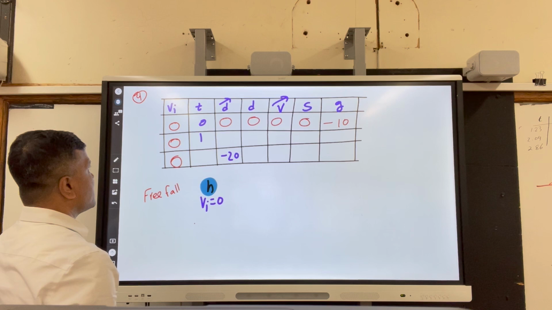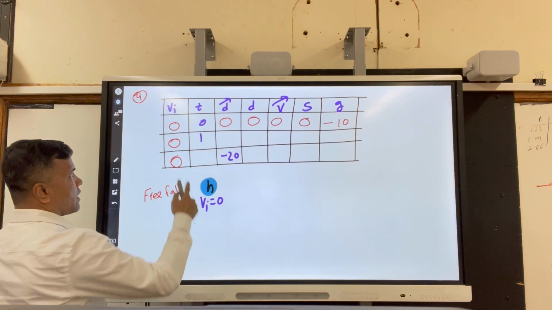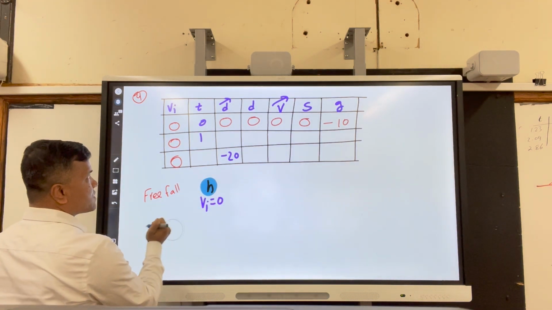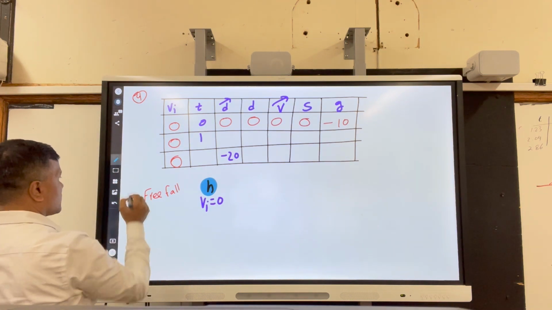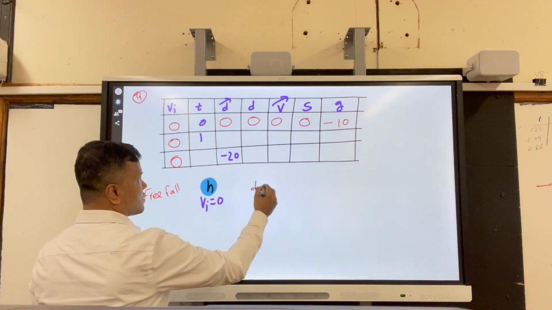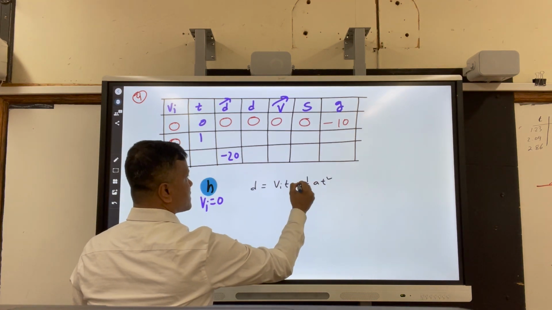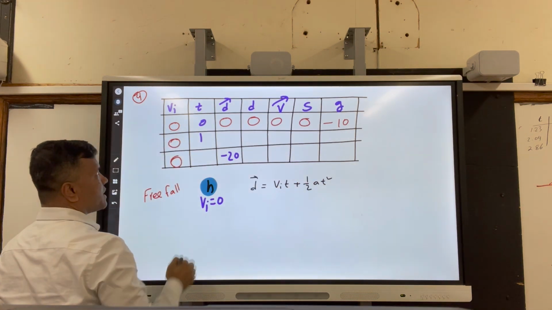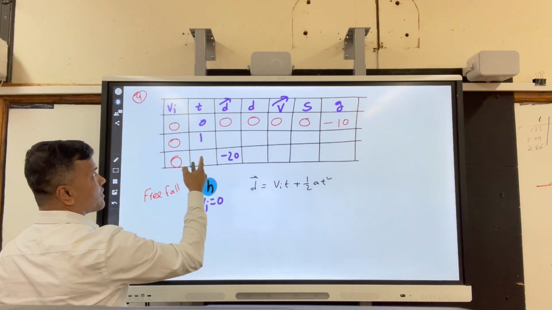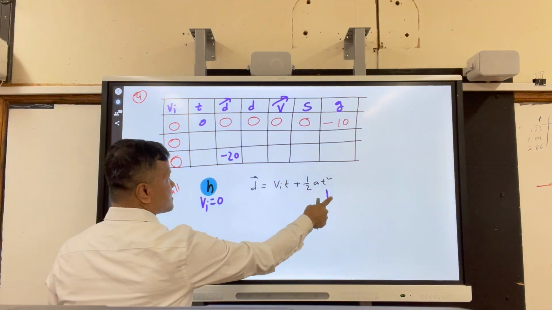Okay, and then all right, so at the end of 1 second, how much does the object fall? So let's use that equation. The equation is d is equal to vit plus half at square, right? So in this case, we want to find the displacement at the end of 1 second.